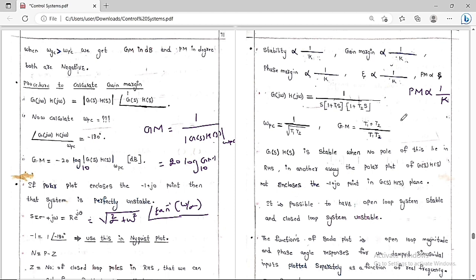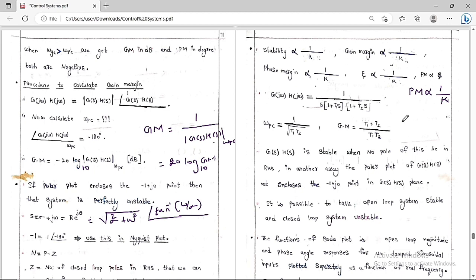So these points you always have to keep in your mind.